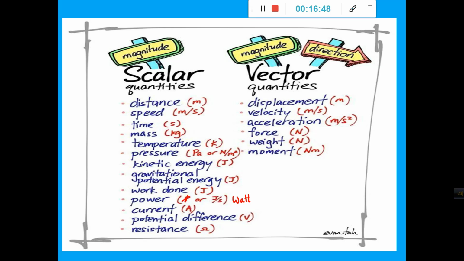On the other hand, vector quantity examples: displacement, velocity, acceleration, weight, moment, momentum, unit kg meter per second. These are examples of vector quantity.